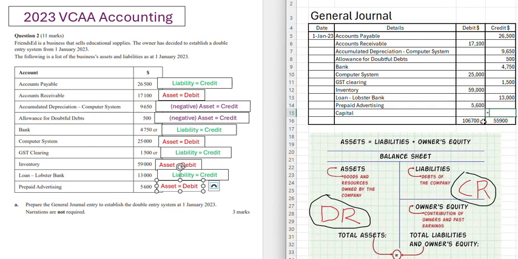So I'll just use Excel to work that out for me. And that's our capital balance, 50,800. So now that we have processed all of our opening balances for our assets, liabilities, and our owner's equity, we're ready to post to the general ledger.